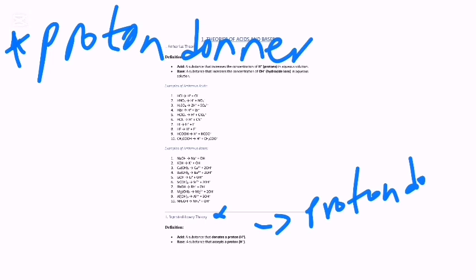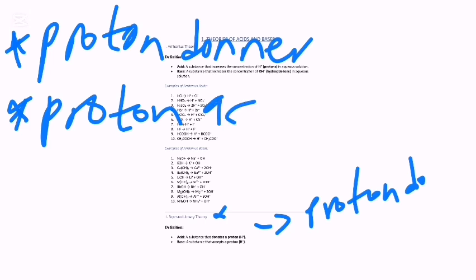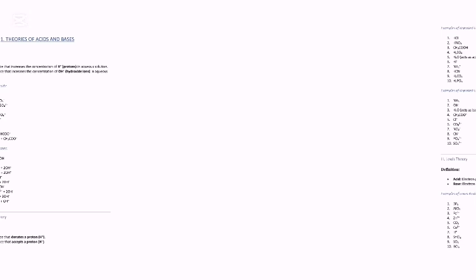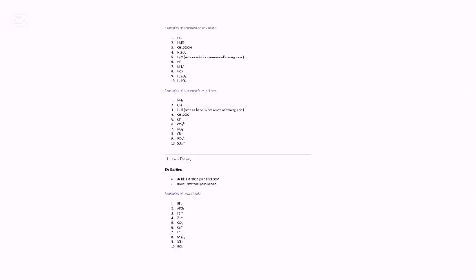According to Bronsted-Lowry theory, a base is a proton acceptor. So you need to know this, and also some examples. Some examples of these are HCl, an example of a Bronsted acid.